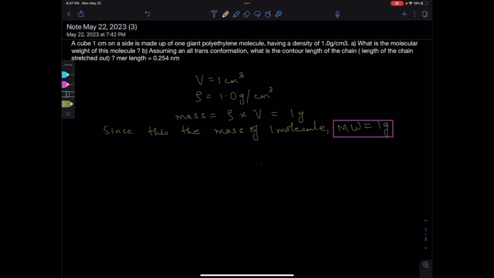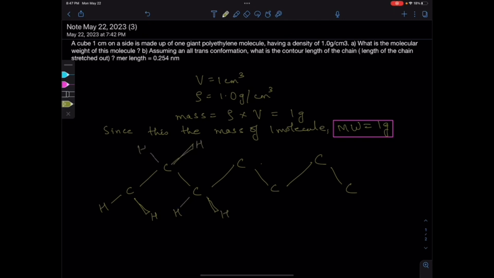Assuming an all-trans conformation, what is the contour length of the chain? So for polyethylene, the all-trans conformation can be written like this. The wedge shows that the hydrogen is coming out of the plane, and so on.